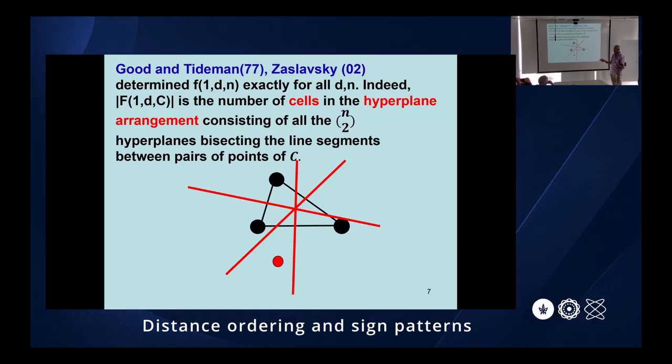Okay, now there are formulas for the number of states or the components of a hyperplane arrangement. This one is N choose 2 hyperplanes in R^D. Well, they are not quite in general position, but you can take this into account also, and you get an exact formula.